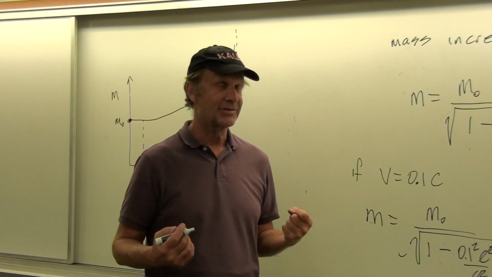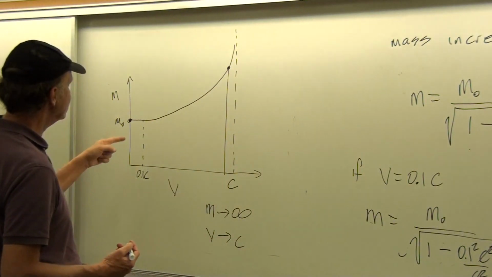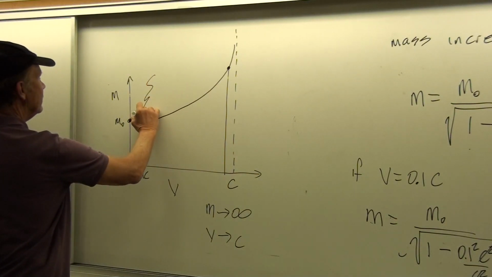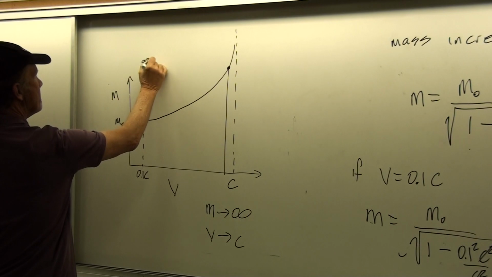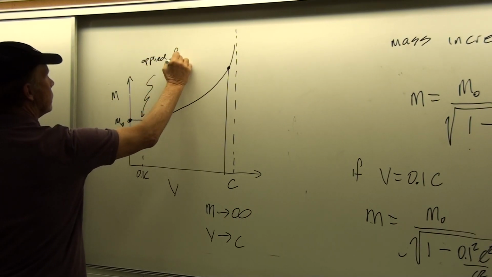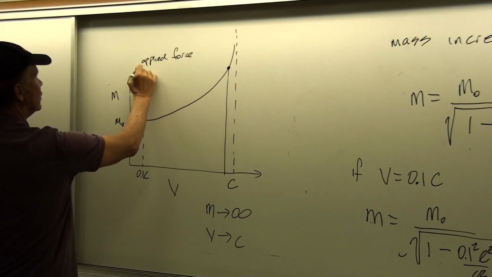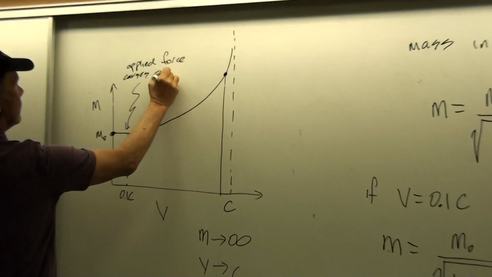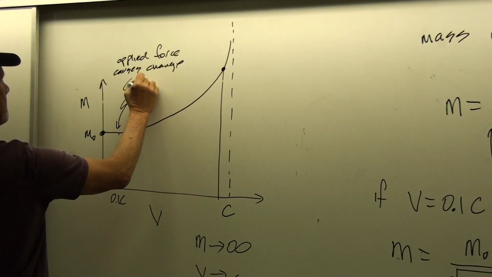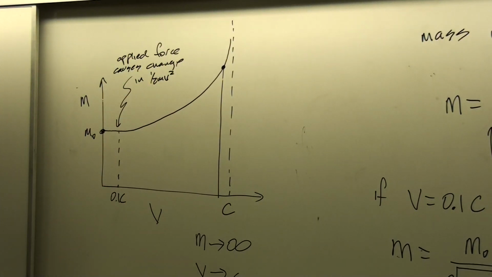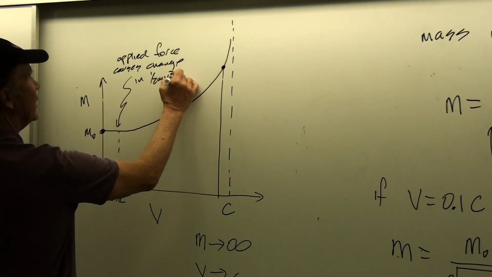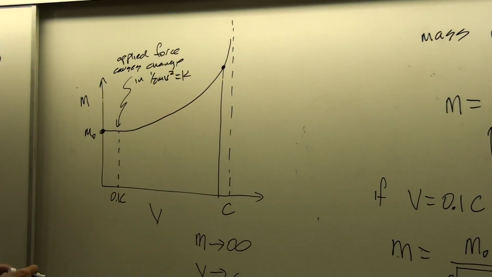Okay, and so there's a different kind of an emphasis here. Here, this is regular physics where applied force causes a change in speed, according to the kinetic energy expression, which is our classical expression for kinetic energy, 1/2 mv squared.